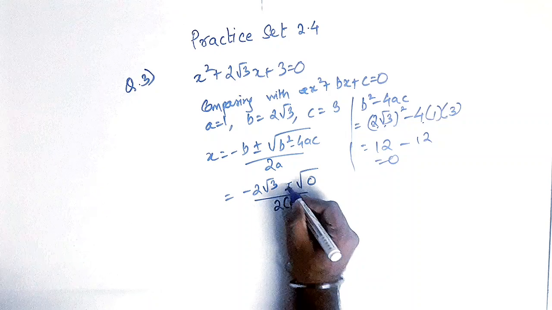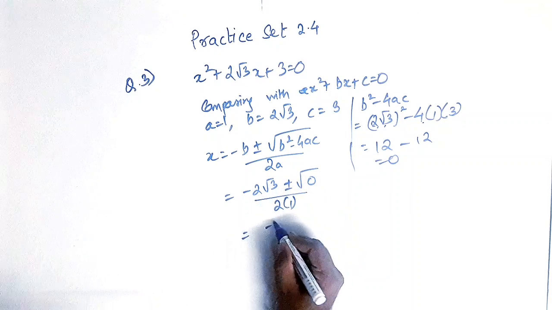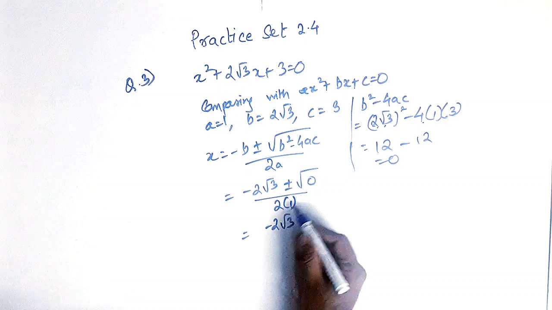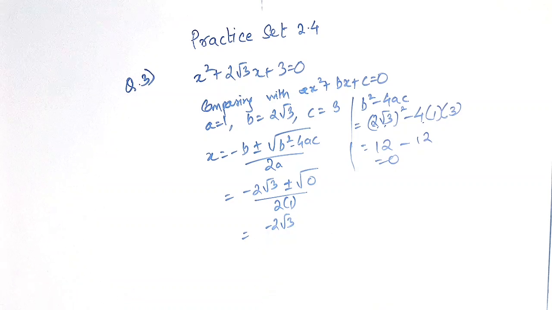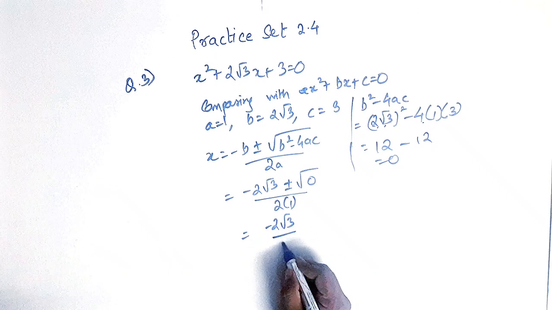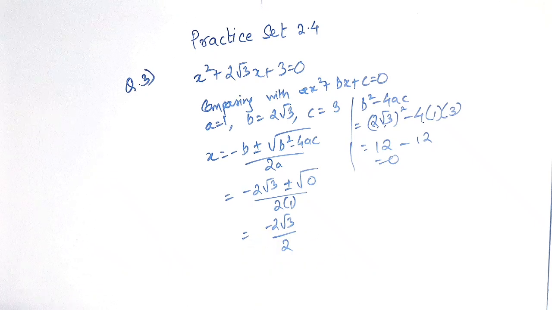2 1s is 2. Okay, so minus 2 root 3 plus or minus 0, we are not going to write it. Okay, upon, this is 2. Okay, so this 2 will get cancelled. What remains is minus root 3, only this remains.